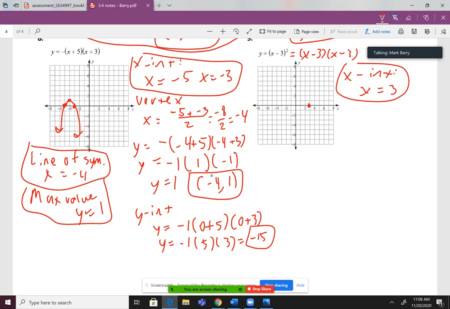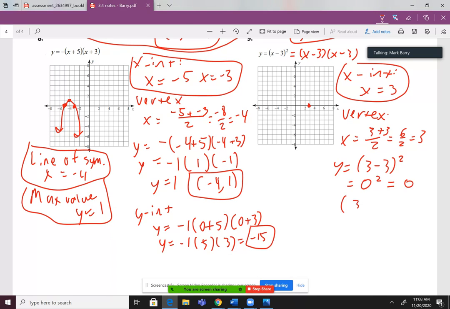Now, where is the vertex? Well, this one's kind of weird. If I think of it like there's 2 x-intercepts at 3, we could do it like 3 plus 3 over 2. So it's at 3. If I plug in 3, we see it's at 0.